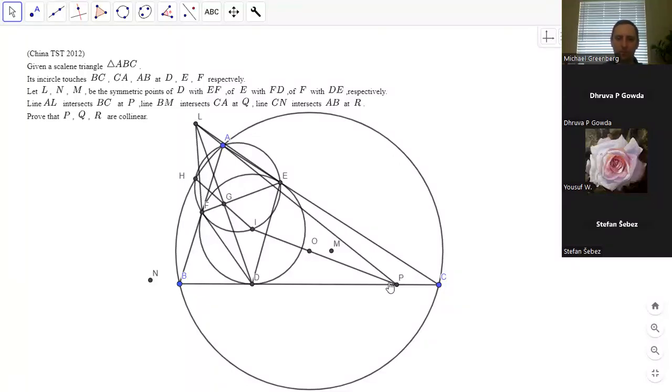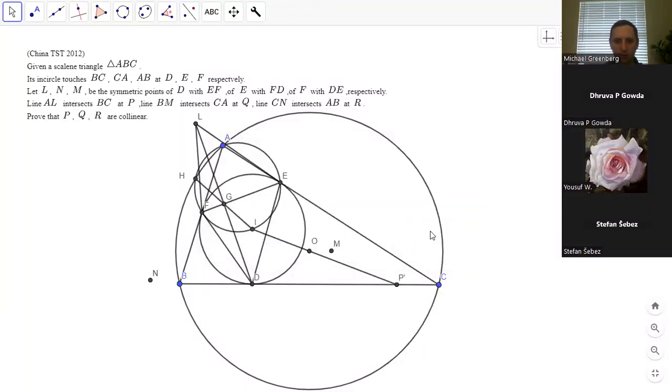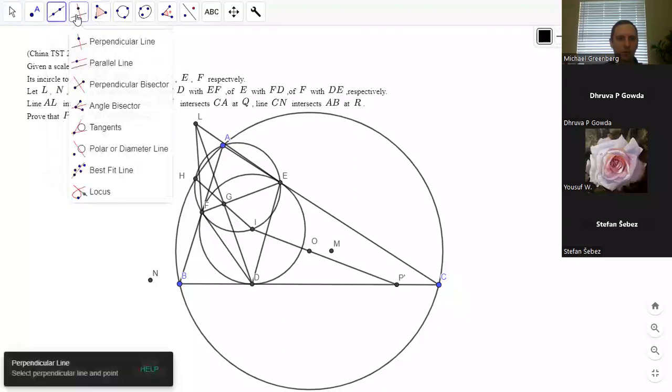Yeah, I think that is better, and I have a suggestion of how we would do that. Okay. So define P as the intersection of OI and BC, and then we draw the midpoints of arc BC, the small and big one.